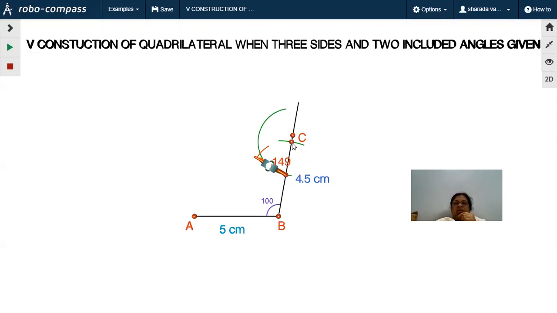So keeping the pointer at C and radius 2 centimeters, I have drawn an arc, and the arc will touch the line segment at this point. Remember carefully, you have to take the same radius. You should not disturb the compass measurement. Every time you have to take the same radius.